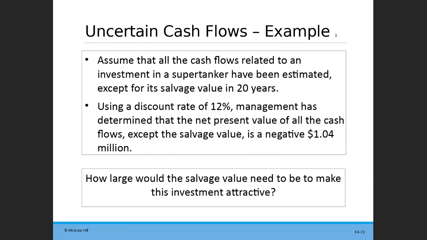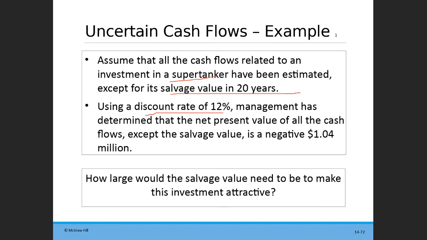So we've got an example here with a super tanker. Everything's been estimated, so we know how this cash flow is going to go, but we don't know what the salvage value is. We expect to use the thing for 20 years. But when we took all the cash flows we're going to make from this super tanker, how much it cost to build the thing, how much we're going to earn running it, and used our discount rate of 12%, it came up with a negative cash flow at the present value.